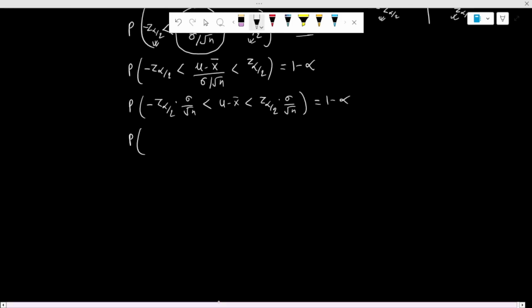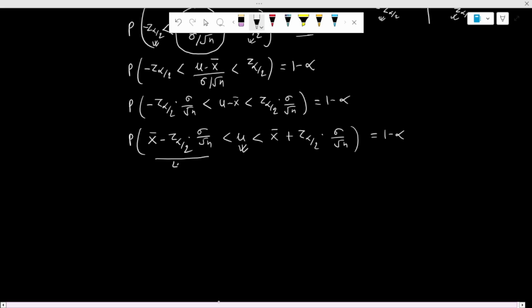Now let us take this minus x bar towards the left and right simultaneously, and we get x bar minus z alpha by 2 sigma root n less than mu less than x bar plus z alpha by 2 sigma root n, and this is again our confidence level. So the population mean lies in this interval.